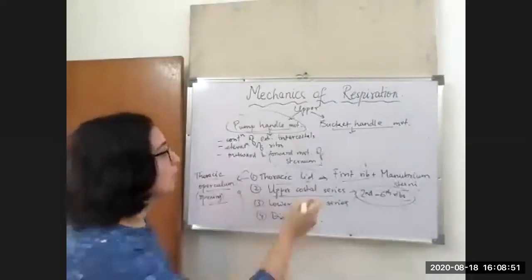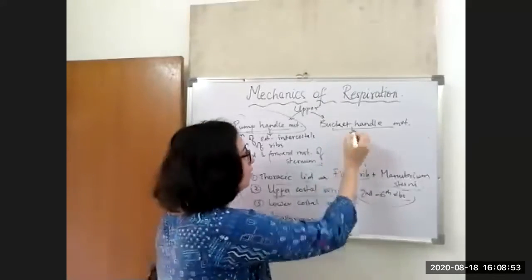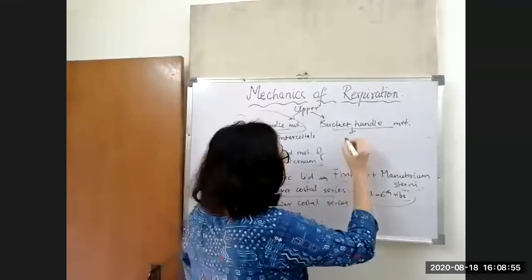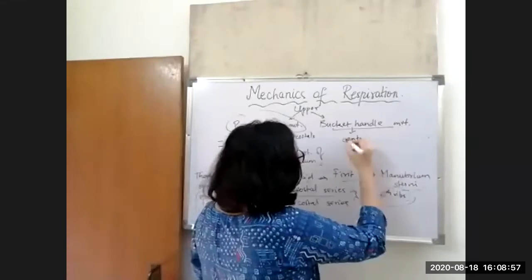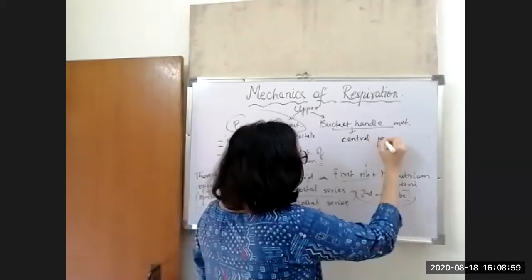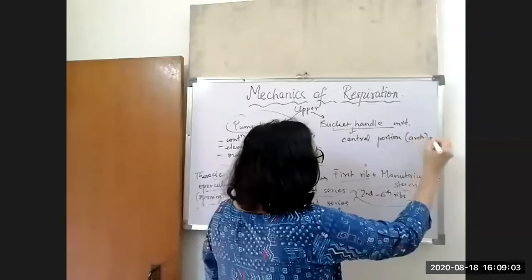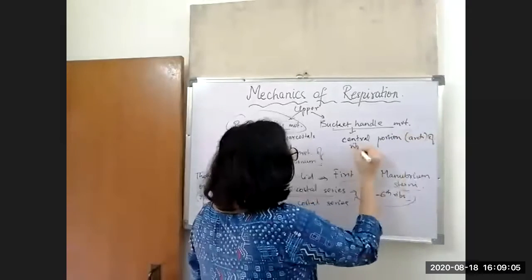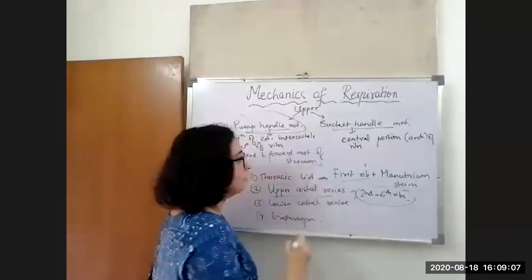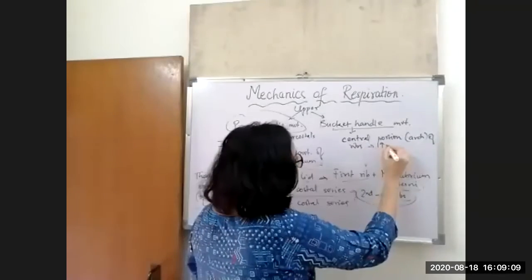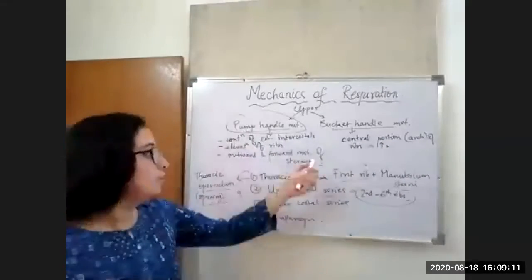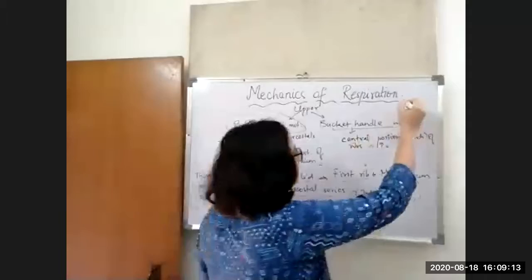Okay, now in bucket handle movement, what is happening? The central portion, or arch, of the ribs will increase. So our ribs are like this.